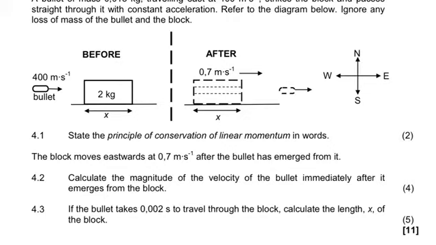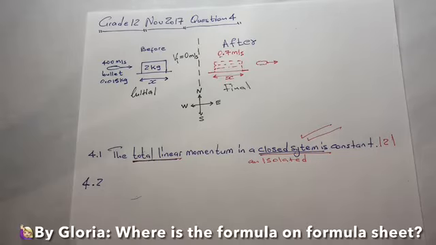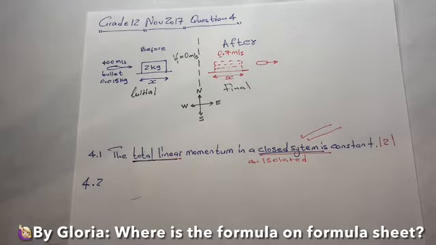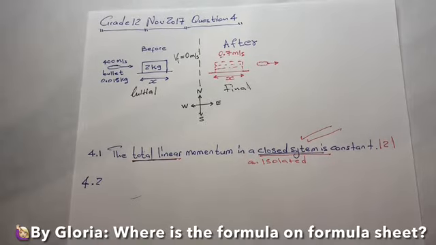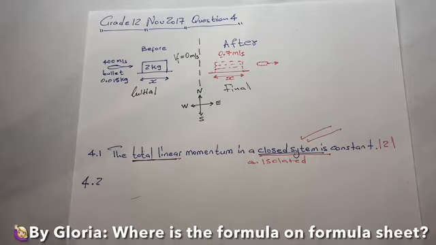Now we know we are calculating the velocity, and our answer should be in the SI unit, meters per second. They're saying the velocity of the bullet immediately after it emerges from the block, so they want the final velocity of the bullet.